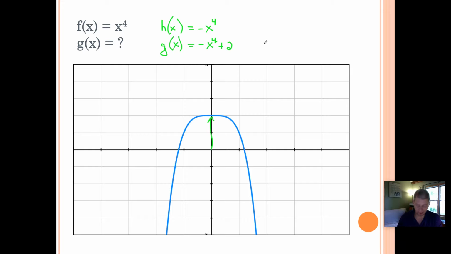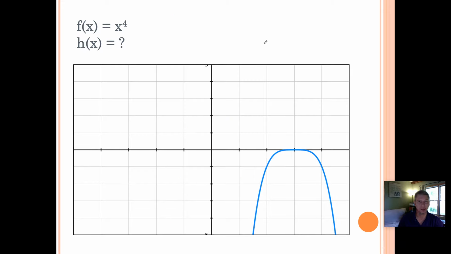In this case, we're going to have a look at the same graph. So we're starting again with f of x equals x to the 4th power. And now I've done, again, 2 things. I have flipped it upside down, and so I've made it negative.